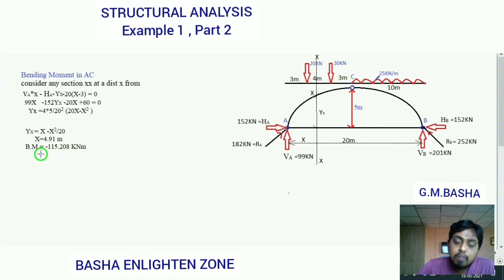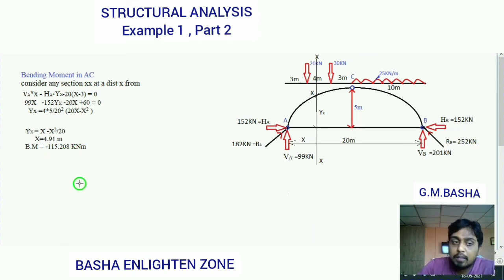Already you know the bending moment for 5 meter span, which will be 115 kilonewton meter, I think. If you substitute that value, I think this one will be wrong. The x value will be some 4.8 meters. If you follow the procedure here, you will get x equal to 4.8 meters, and the bending moment near 5 meters will be 115 or 114 kilonewton meters, like that.